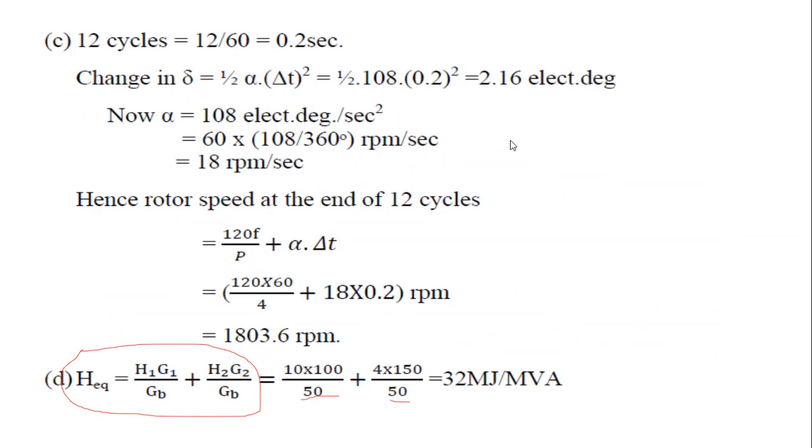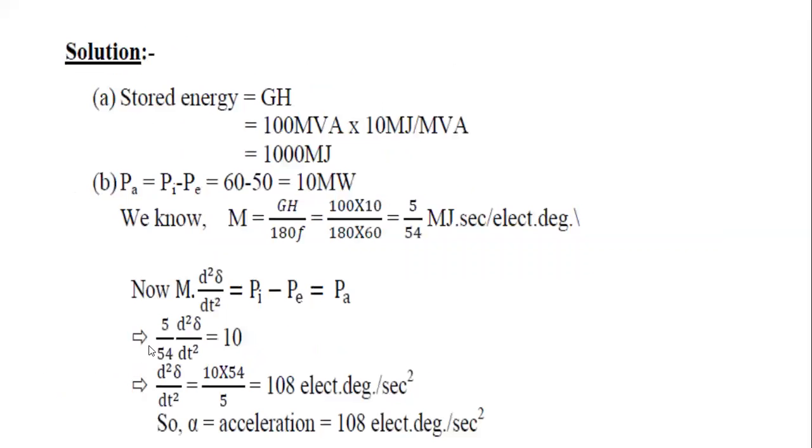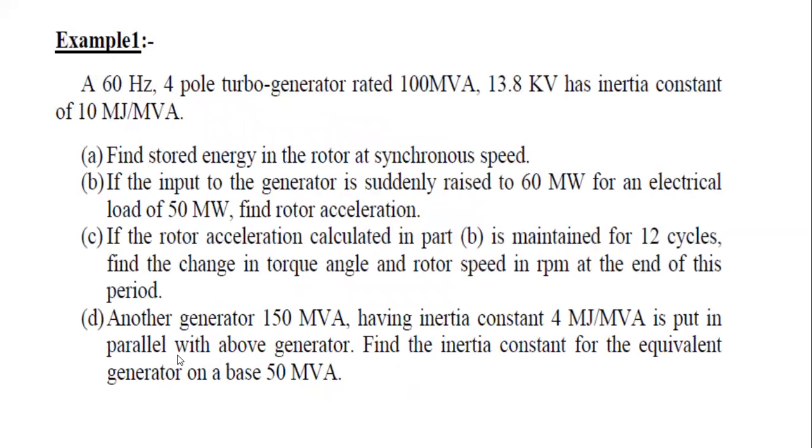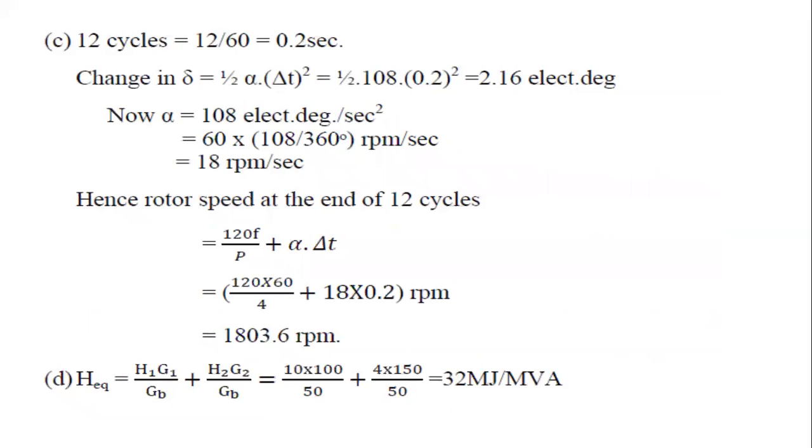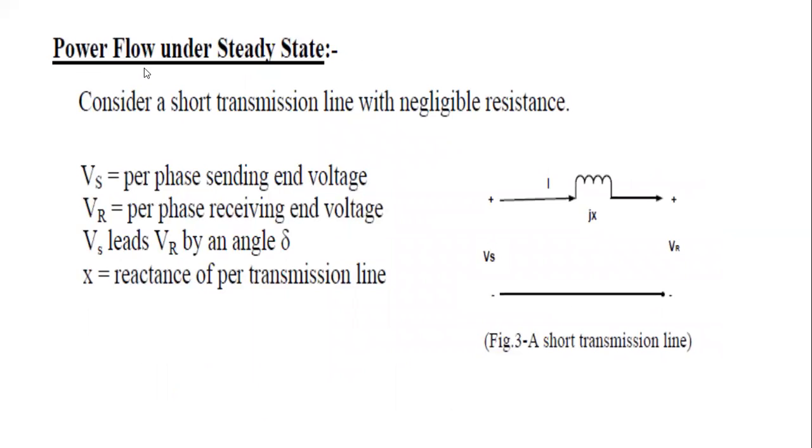This is the procedure for calculating the acceleration and inertia constants, and also the equivalent inertia constant for the turbo generators. Understand now? This is the problem related to the dynamics of synchronous generators.